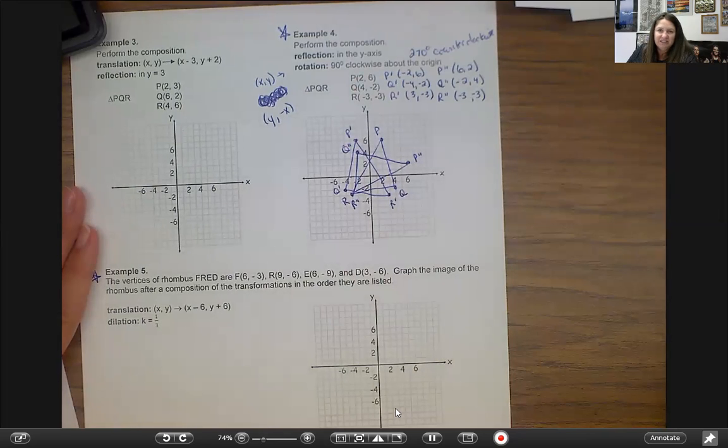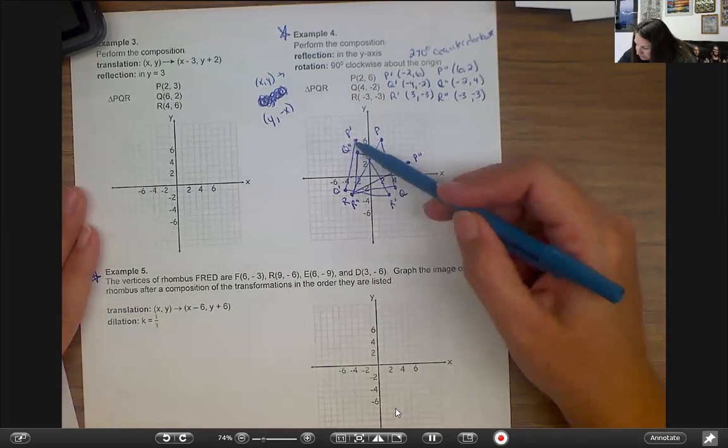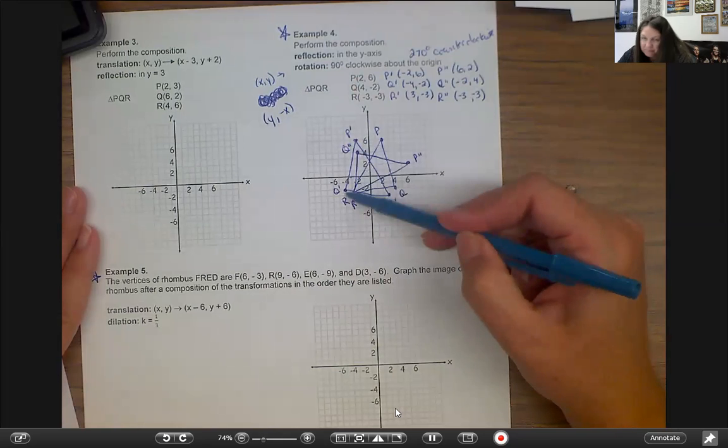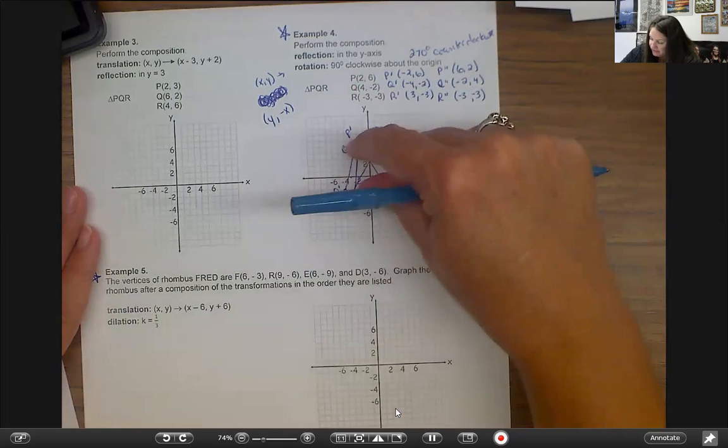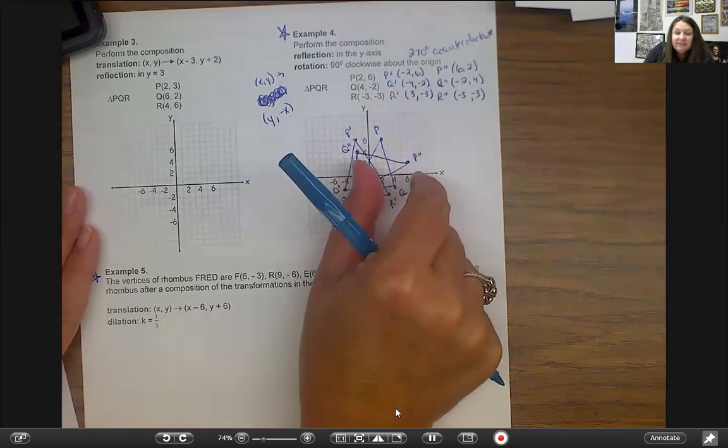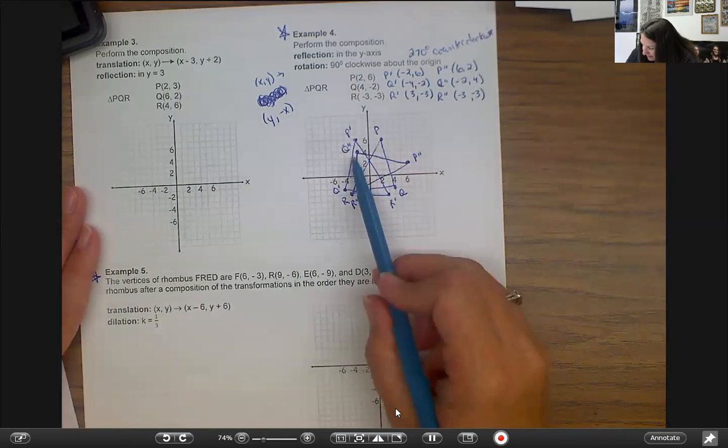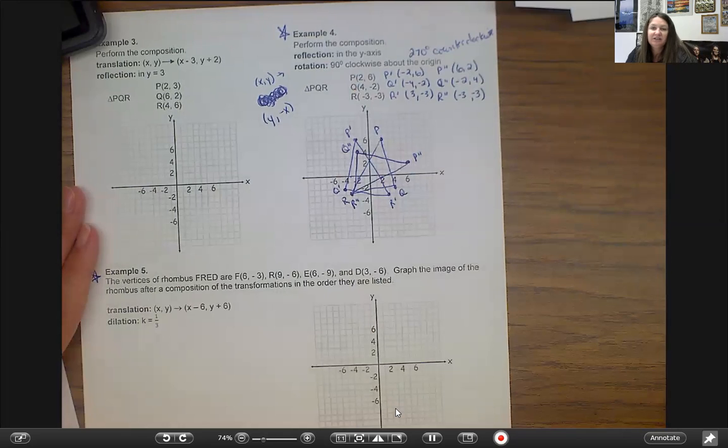And you should see that if I take my prime triangle, which is right here, we just take it and turn it 90 degrees, and then it ends up in this location. These graphs can get a little bit complicated as you work your way through, so please just be careful.